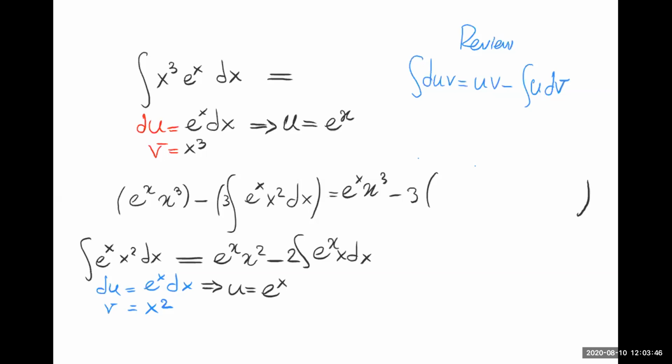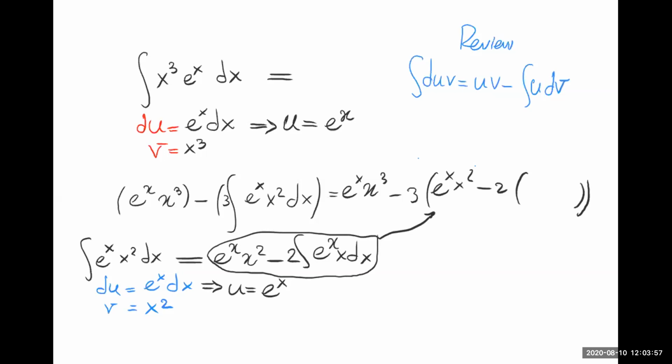I can plug in this thing here. It would be e to the x x squared minus 2, another integral. What is that other integral? It's the integral of e to the x x dx. Again, I should tell you what is du and what is v. du is e to the x dx, v is x.